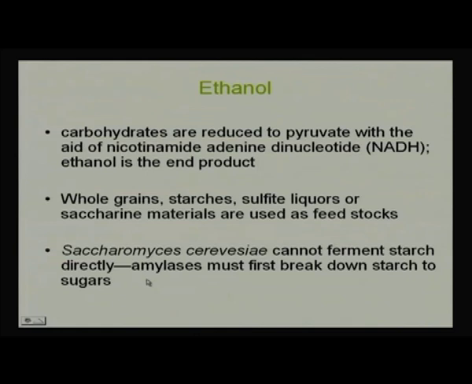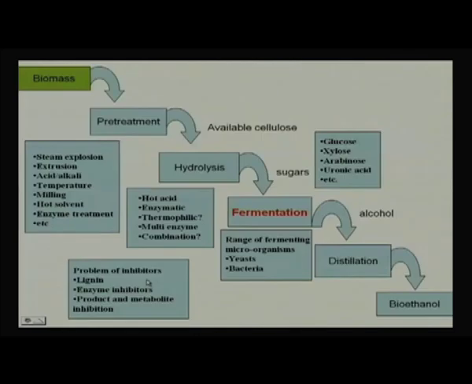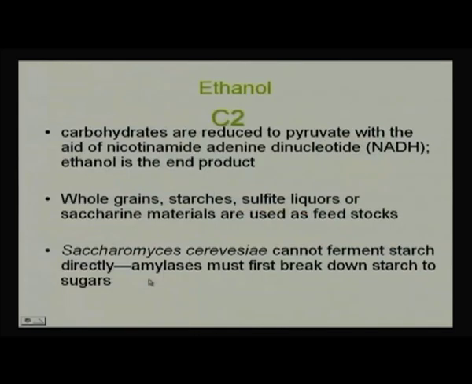With this sugar, the fermentation is taking place. When we are talking about such product formation, we are talking about a C2 product. That means ethanol has 2 carbon atoms.